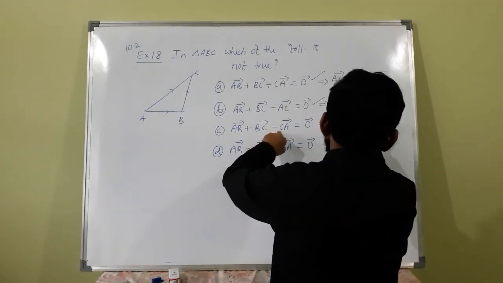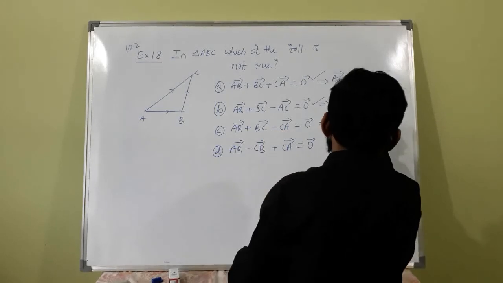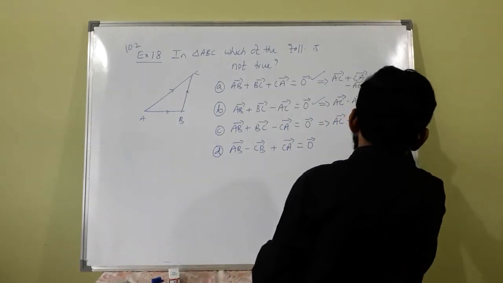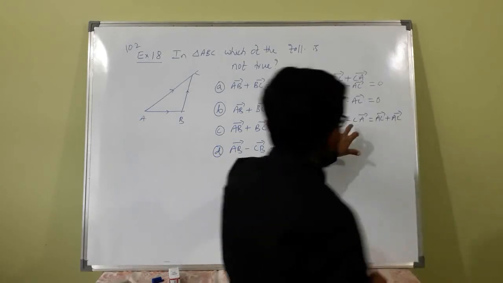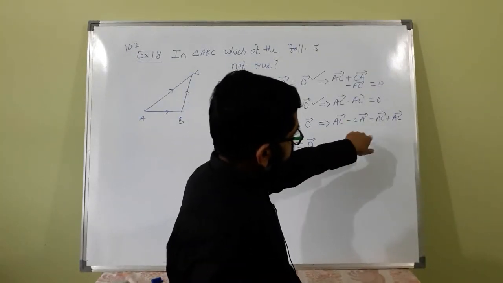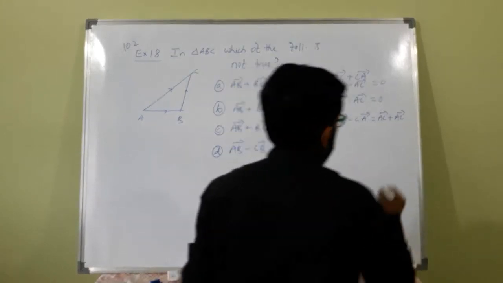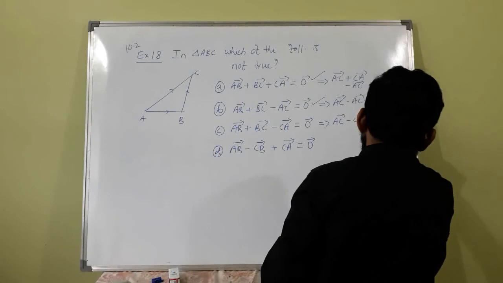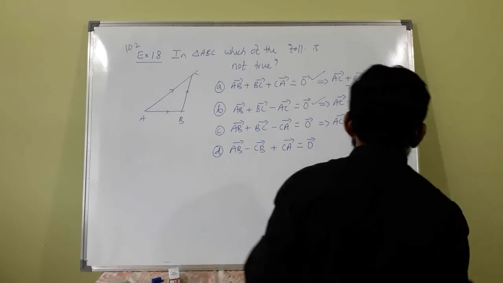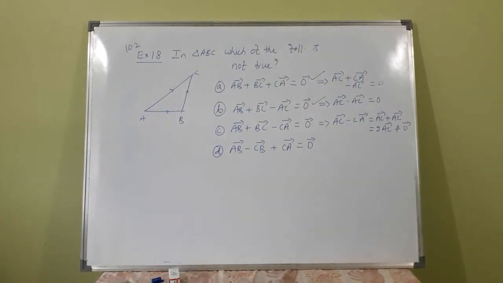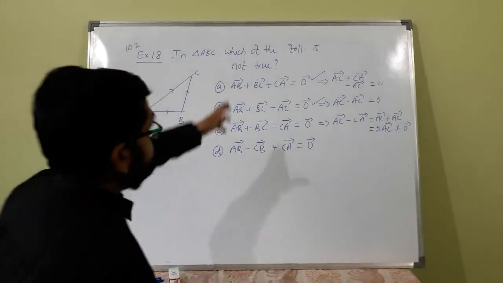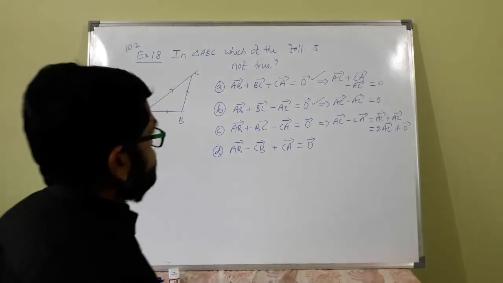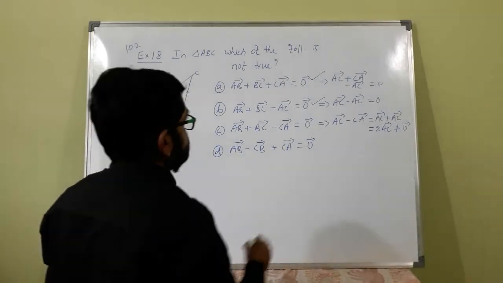Minus CA is equal to, actually AC plus AC it is. Minus of CA is same as minus of minus AC, that is 2 times AC, so that is not equal to 0. Since A, B, C are distinct in the triangle, this is not correct.